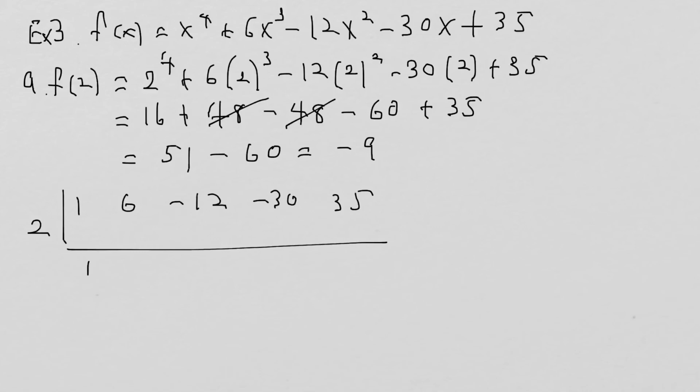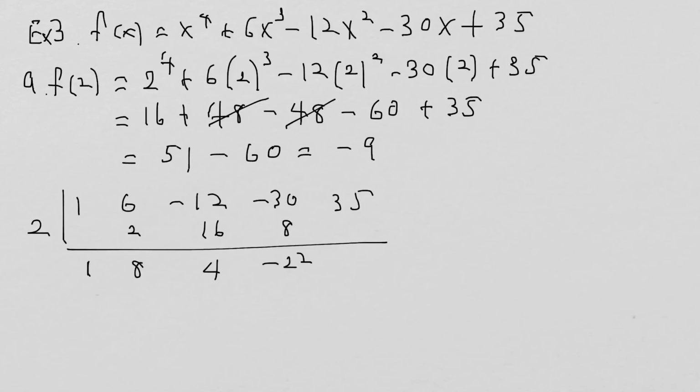Then you bring 1 down. 1 times 2 is 2. Add, this will be 8. 2 times 8 is 16. Add into negative 12, you get positive 4. 4 times 2 is 8. Add it into negative 30, you get negative 22.